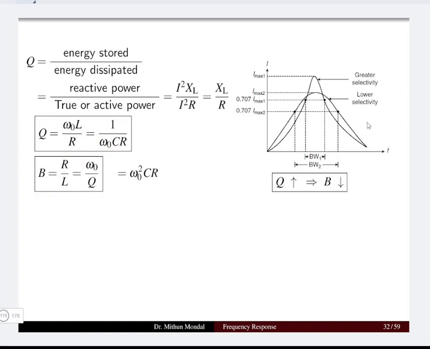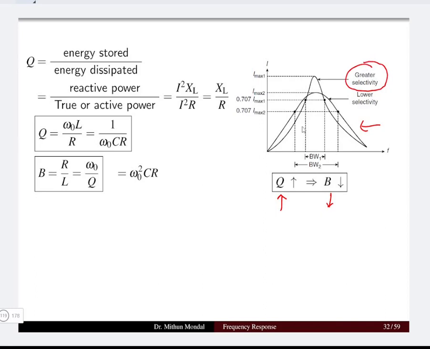So this is what we are talking about, the sharpness of the curve, and we are going to understand how the sharpness of the curve is related to the quality factor. The first thing to note here is that if the quality factor of the resonant circuit is high, the bandwidth will be low. Let us see how. We have taken a curve of greater selectivity.